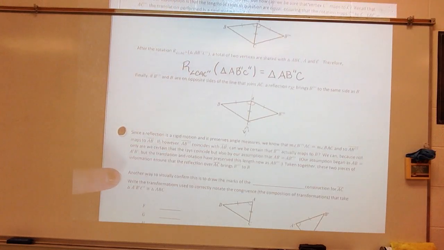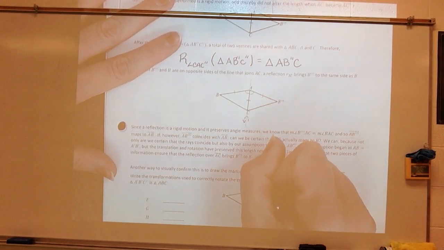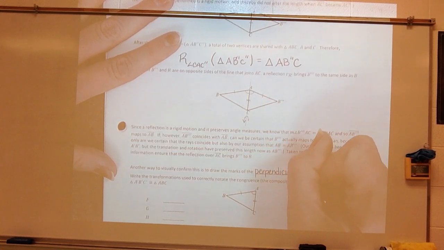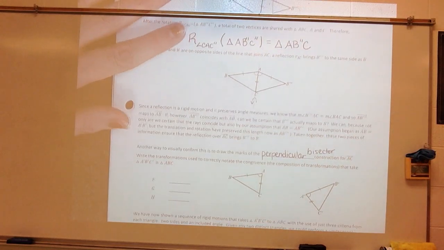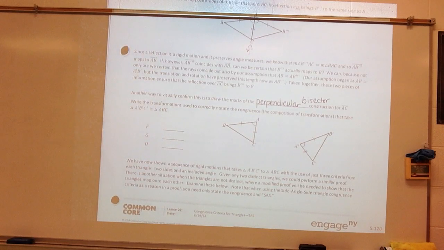Another way to visually confirm this is to draw the marks of the construction for segment AC. Alright, so we could draw a perpendicular bisector. We can actually do a perpendicular bisector construction for AC.